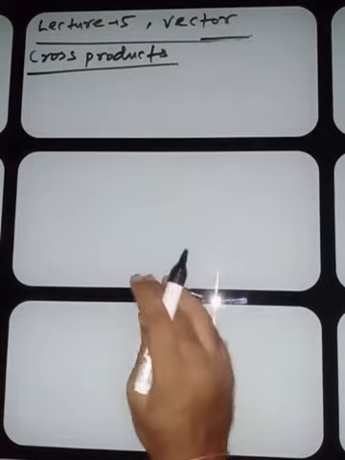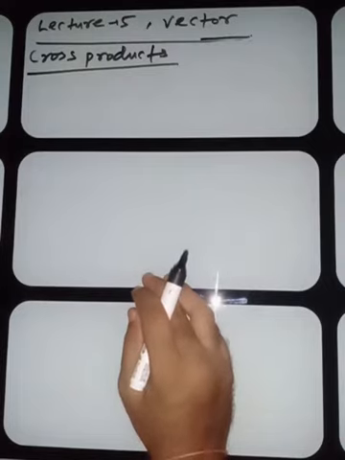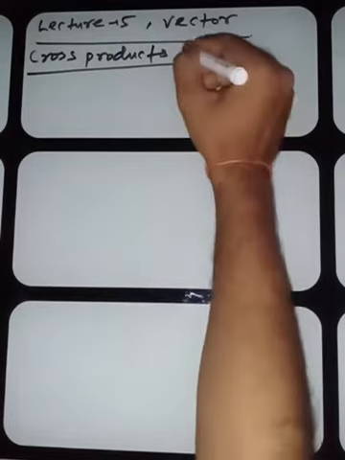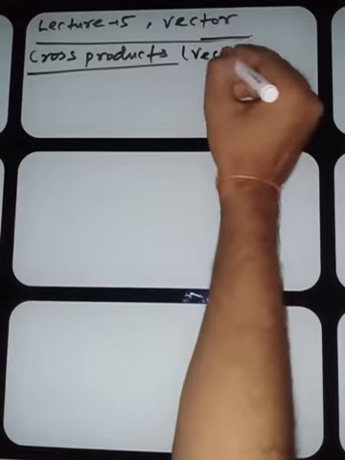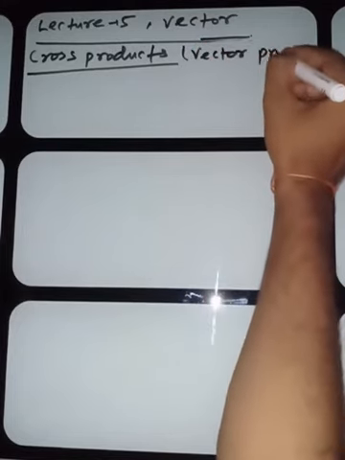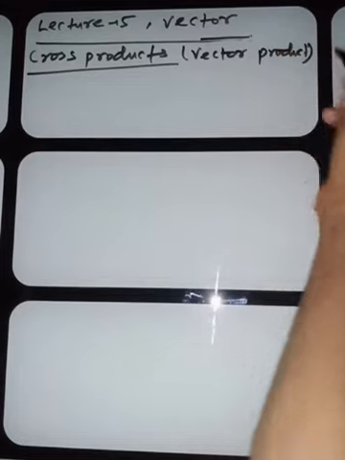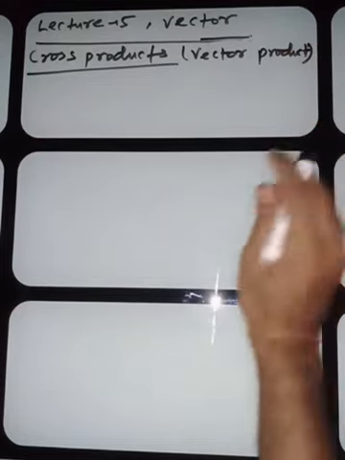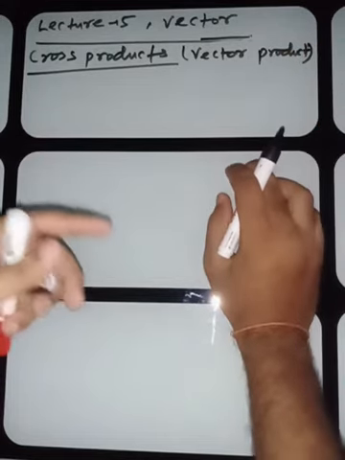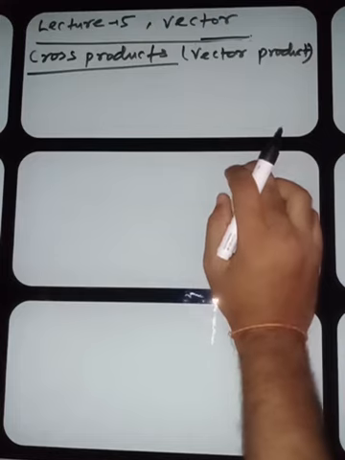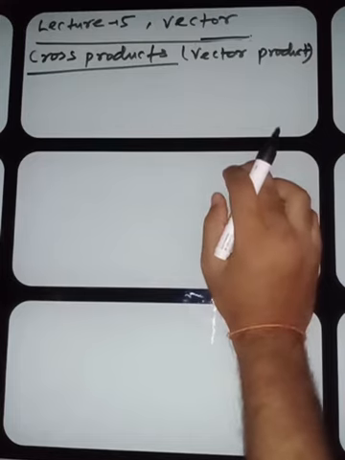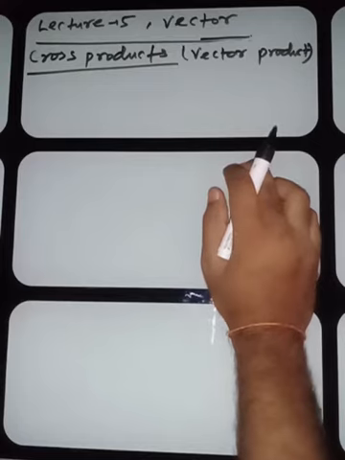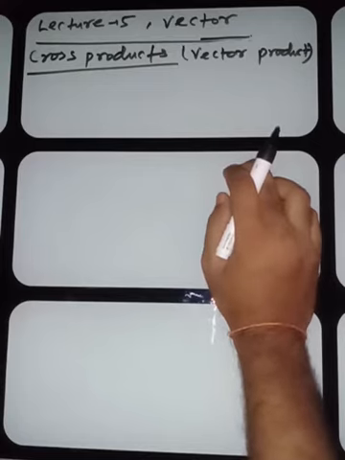This cross product is also known as the vector product. Yes, this is also called the vector product, and engineers used to call this vector product the exterior product. Actually this is the sine product of two vectors.